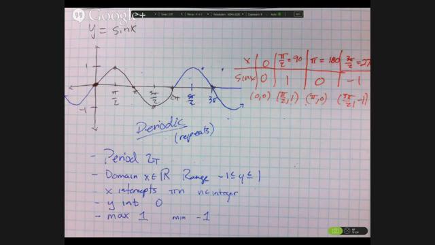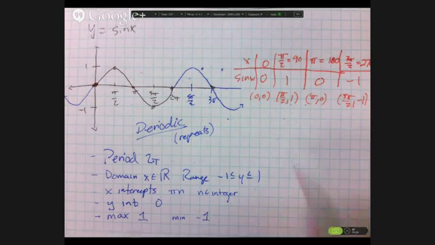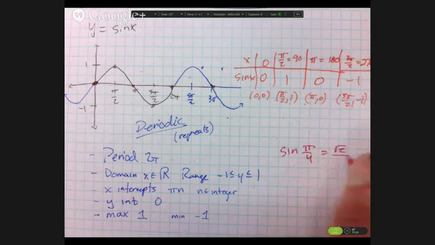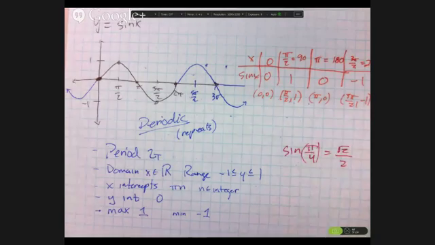One last item. What is the sine of pi over 4? Since we didn't go into more fractions here, what's the sine of pi over 4? Okay. That's 45 degrees. That occurs right here.